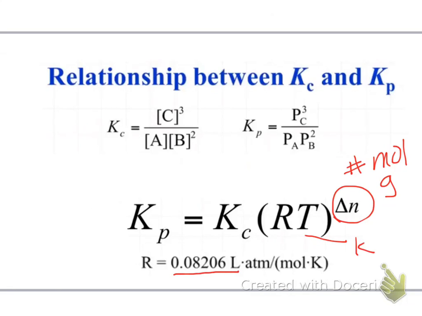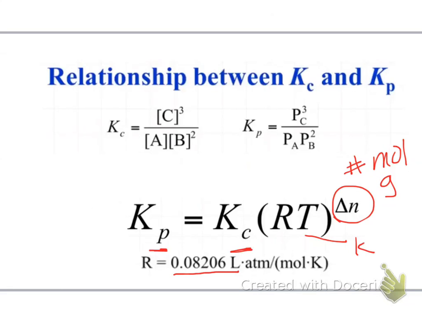If I have a liquid or a solid in that equation, I will not count it because it will not affect the pressure. Sometimes when you're trying to remember the equation, it helps to think of it as the politically correct equation, PC.